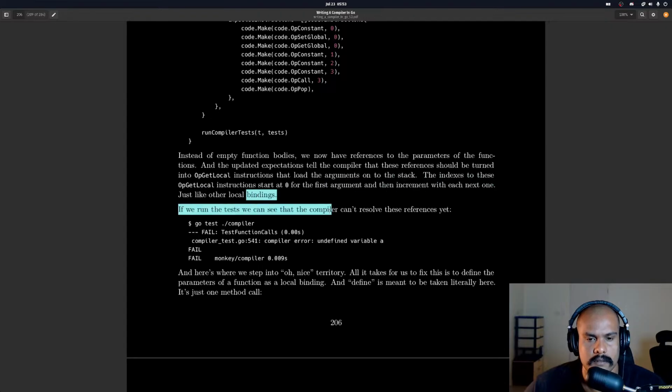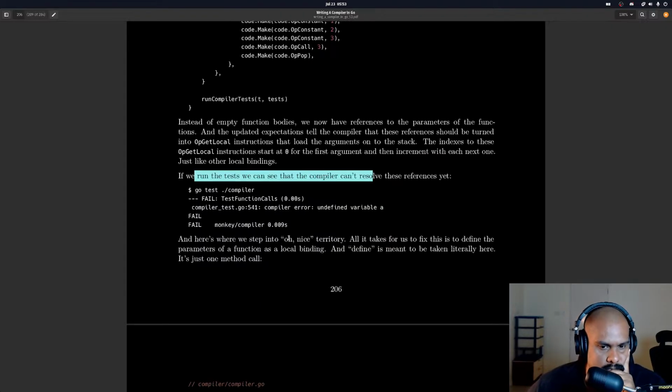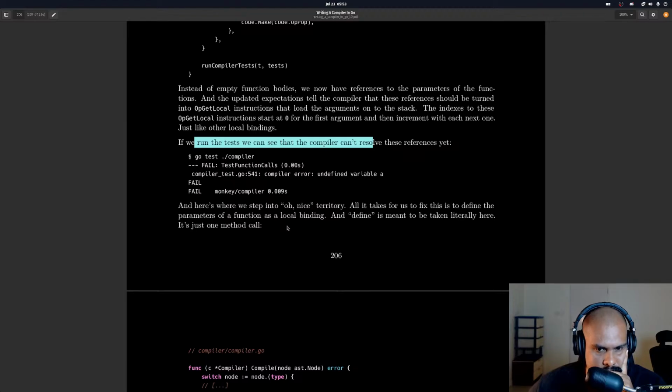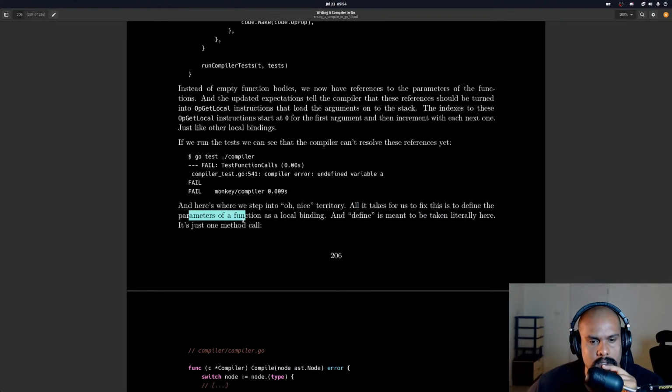Yeah, exactly. If you run the test, we can't see the expected. All it takes for us to fix this is to define the parameters of a function as a local binding, and define is meant to be taken literally here.